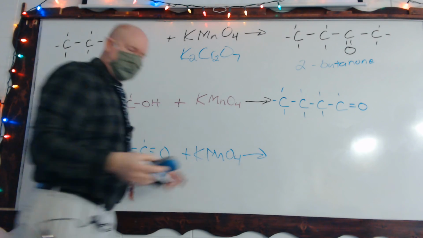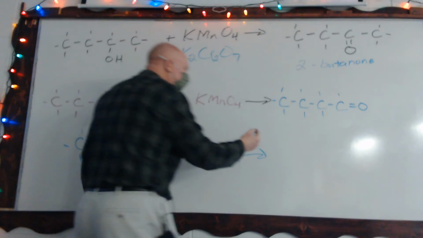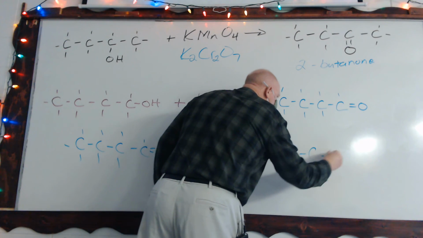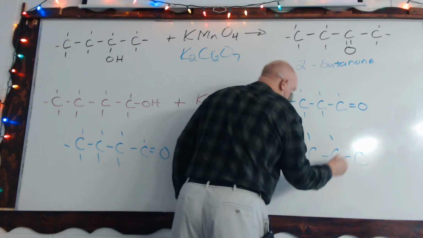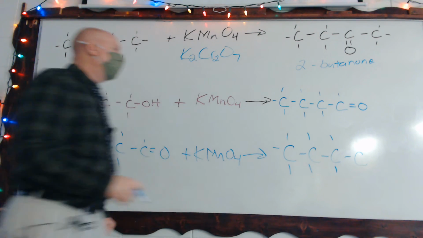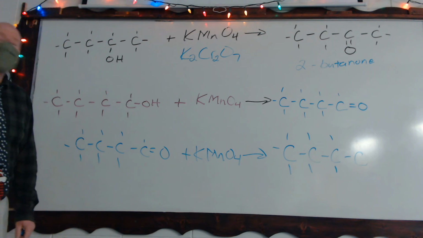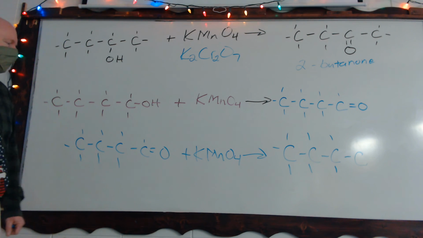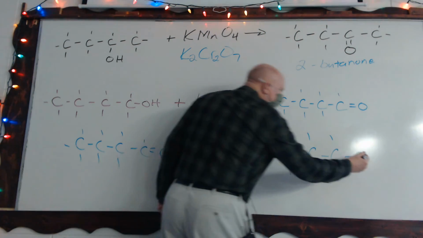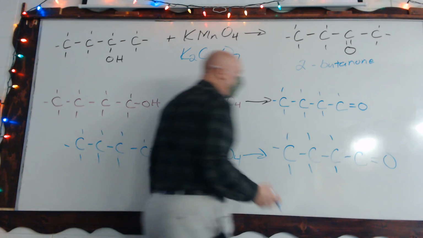So now this proceeds, keeps on going. How do we make that into an acid now? You still have a carbonyl carbon, which means we still have that double bond.